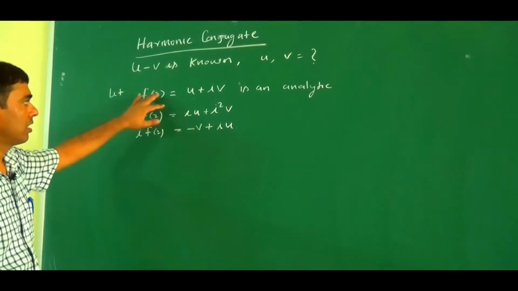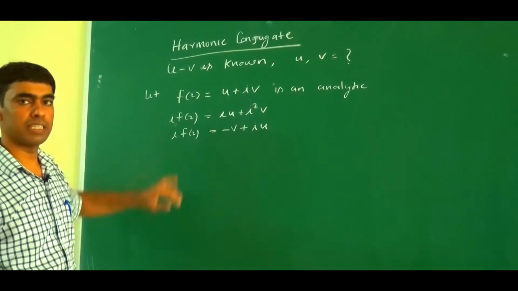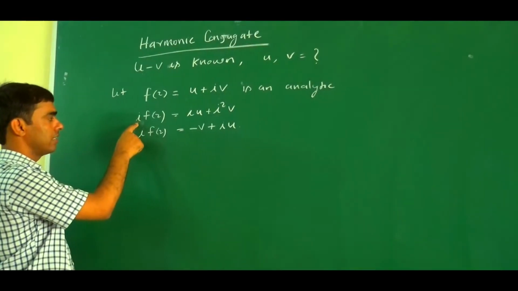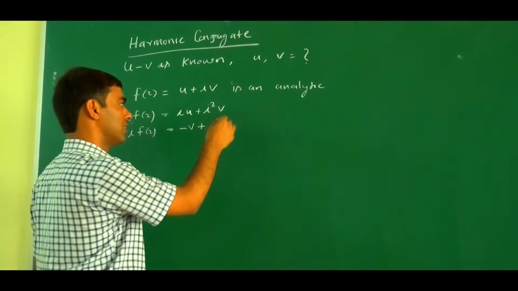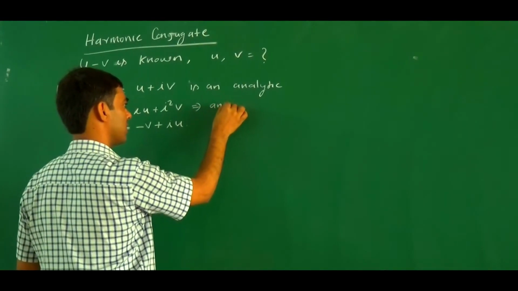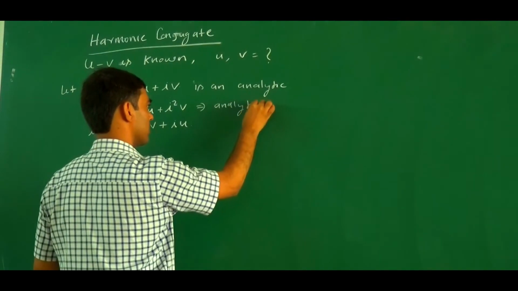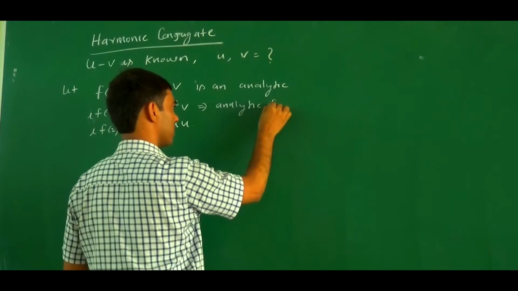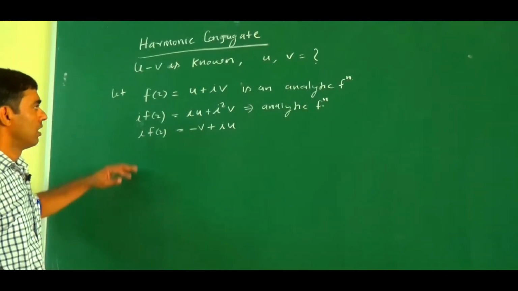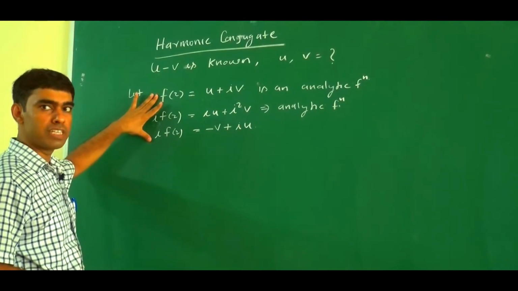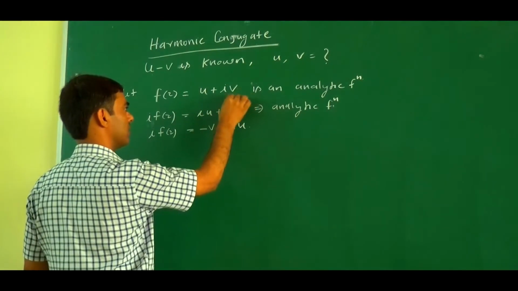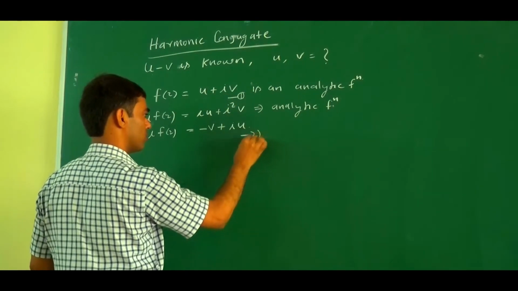And we know that the sum of two analytic functions is again an analytic function, and if we multiply by a constant, this is also an analytic function. Suppose this one is equation 1 and this one is equation 2.